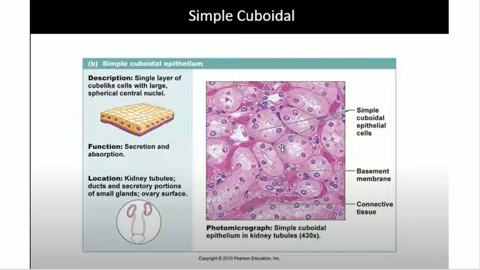And then this is a cuboidal cell, this is a cuboidal cell, this is a cuboidal cell, and this one you can't really see the nucleus in, but this in the middle is the hollow tube. So this is a single layer of cuboidal cells covering this hollow kidney tubule.